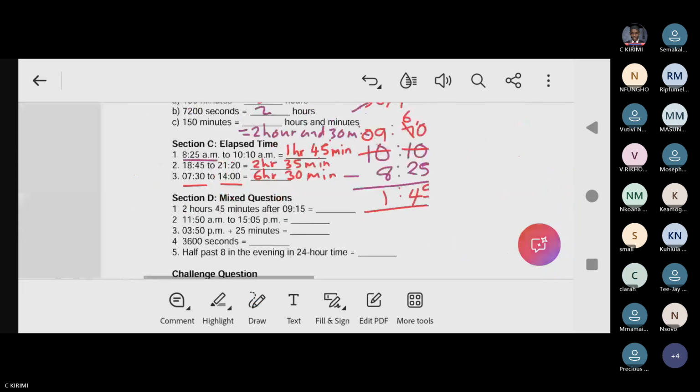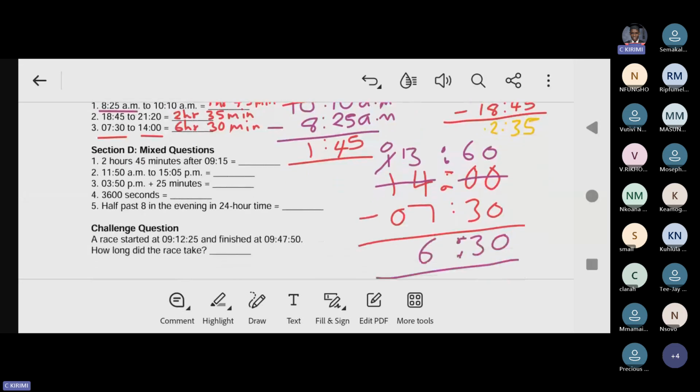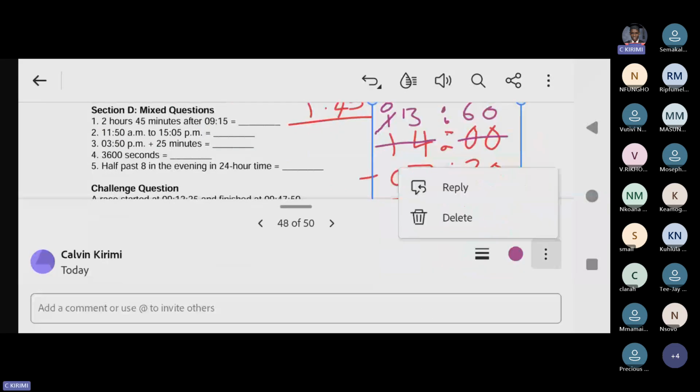Okay. And now we are moving on to the next one, section D, the mixed questions: 2 hours, 45 minutes after 9:15, which means after 9:15 in the morning. If it's after, it means you are adding. We are adding that time.